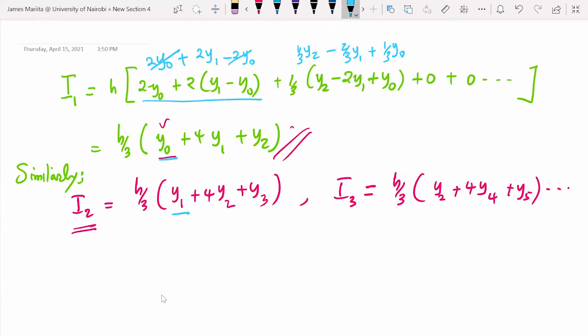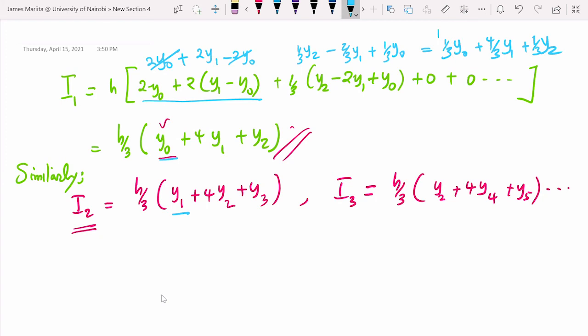Now, 2y1 minus 2/3 y1, what is that equal to? That's 1 1/3, which is 4 over 3. So for the y1, this will be 1/3 y naught plus 4 over 3 y1, then plus 1/3 y2. Are you seeing that? So that's why we factor out 1/3.